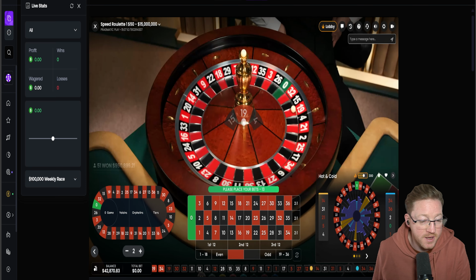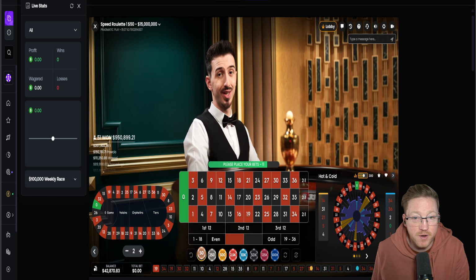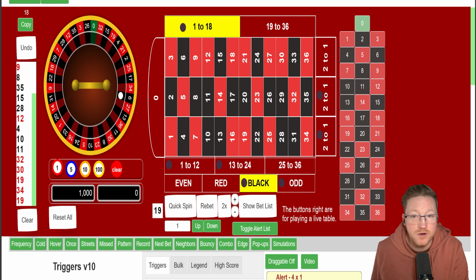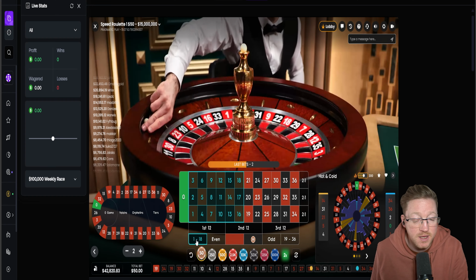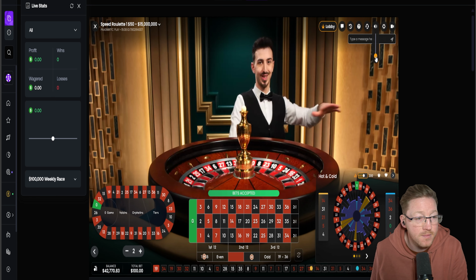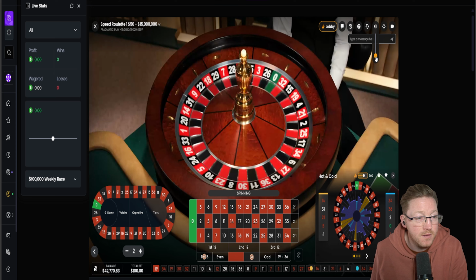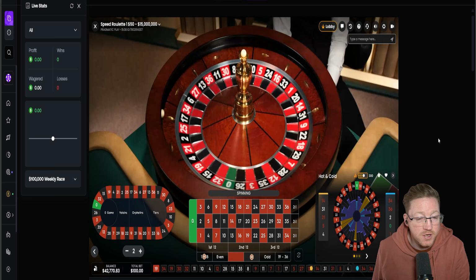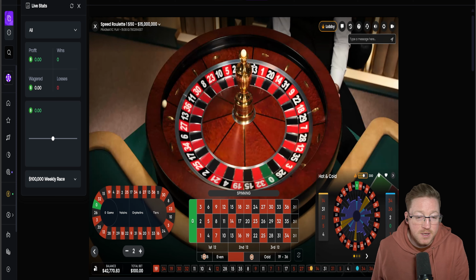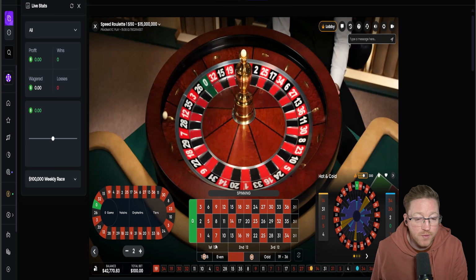Okay, so that's us back in on a live table. I've already went over and put in all these numbers. So there you go, straight in. 1 to 18 in black, so we'll go black and 1 to 18. Turn the sound down a wee bit because it was a bit loud on my end. Okay, so what do we need? 1 to 18.